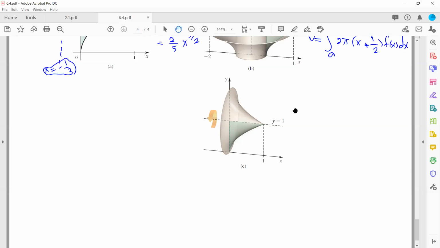Think about it, guys. Shell method, okay. So we have disk method and we have shell method. Disk and shell. How do you set up your disk method? How do you set up your shell method?